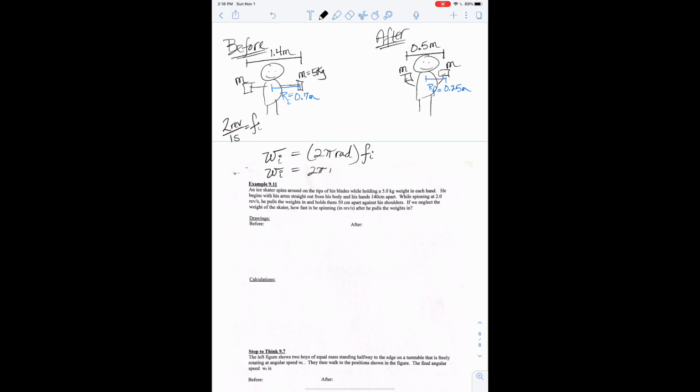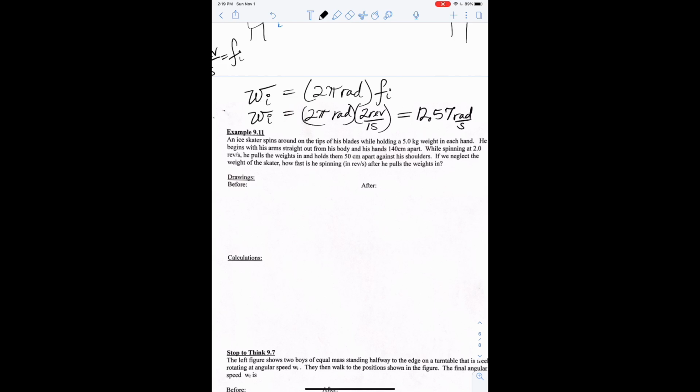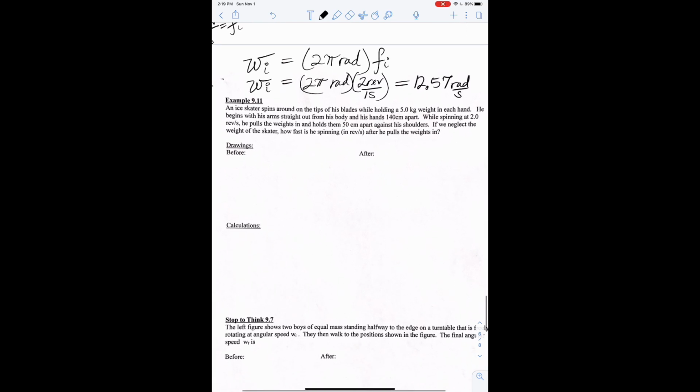So we multiply this by 2 revolutions per 1 second, and we end up getting 12.57 radians per second. Okay, and so the question is, what is the final angular velocity? And then they want us to know how fast he's spinning in revolutions per second. So we're looking for that final frequency, right?